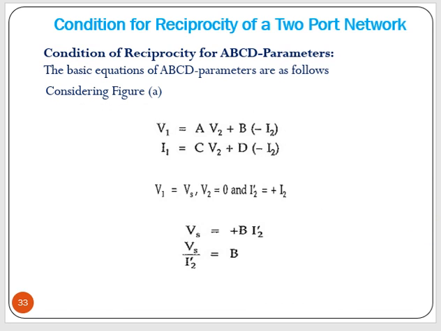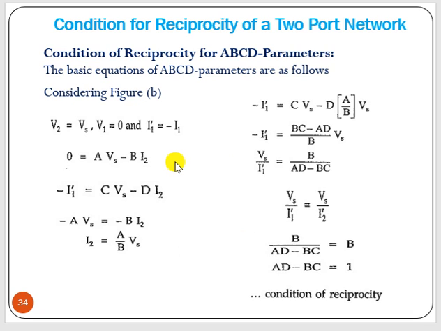Similar thing we can do for the ABCD parameters. That means V1 equal to Vs, V2 equal to 0, and I2 dash equal to I2; here it's not minus, it will become plus because both directions will be the same. So we put V1 equal to Vs and V2 is 0. So Vs by I2 dash equals B. That we got directly. Now for the second case, V2 equal to Vs, V1 0 and I1 dash equal to minus I1.